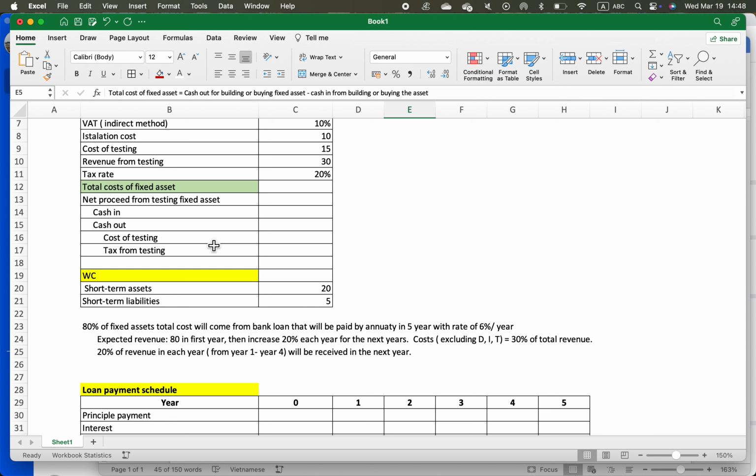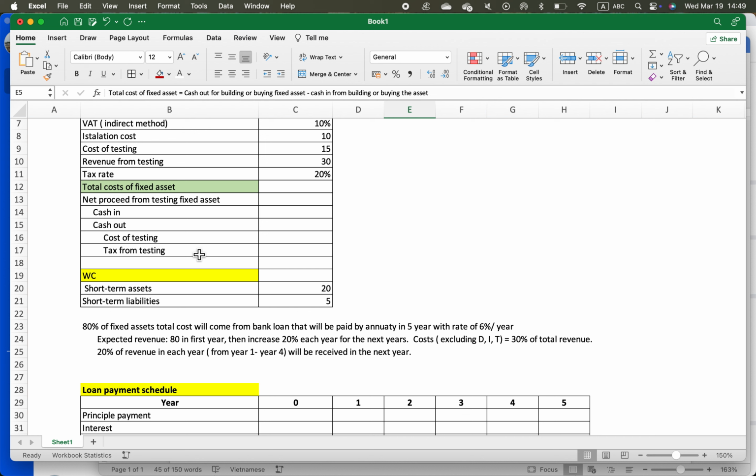However, when you test it, it helps you to make some revenue, and you also incur some kind of cost to make those revenue from testing.